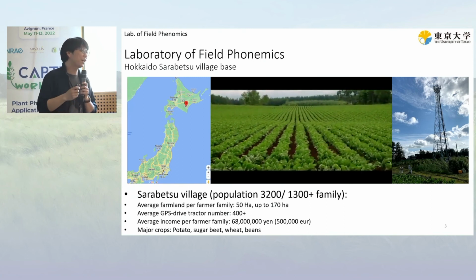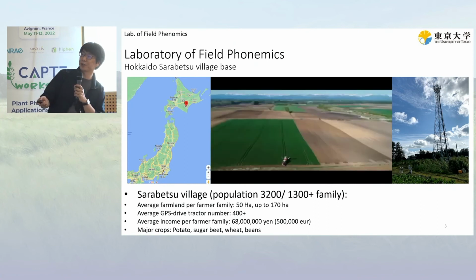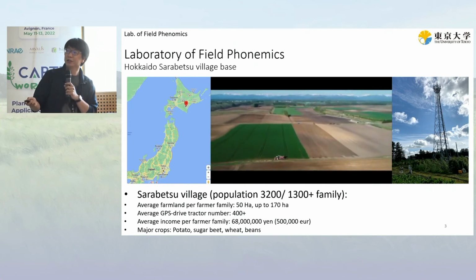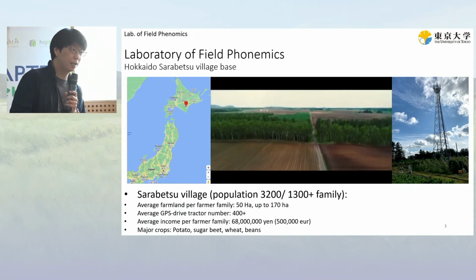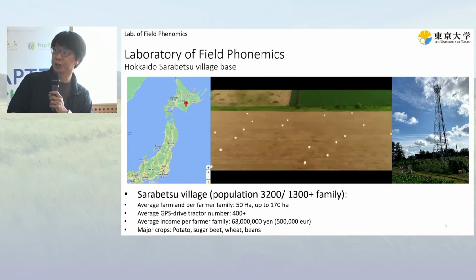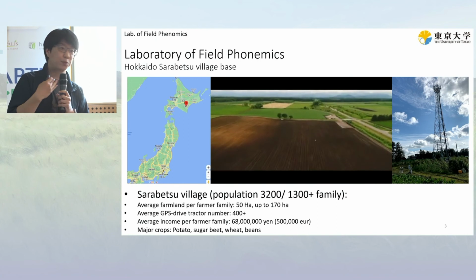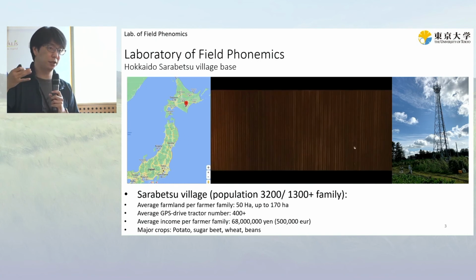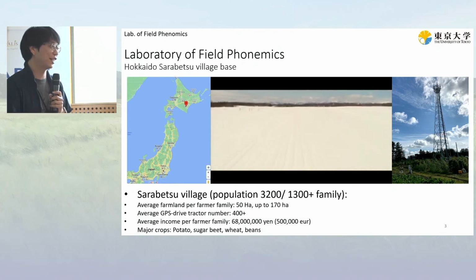They are trying to make a super village in Japan to compete with the traditional Japanese farming style. So I think this would be a big opportunity for us, as well as for collaborations between us and here, because the scale is almost the same as France.